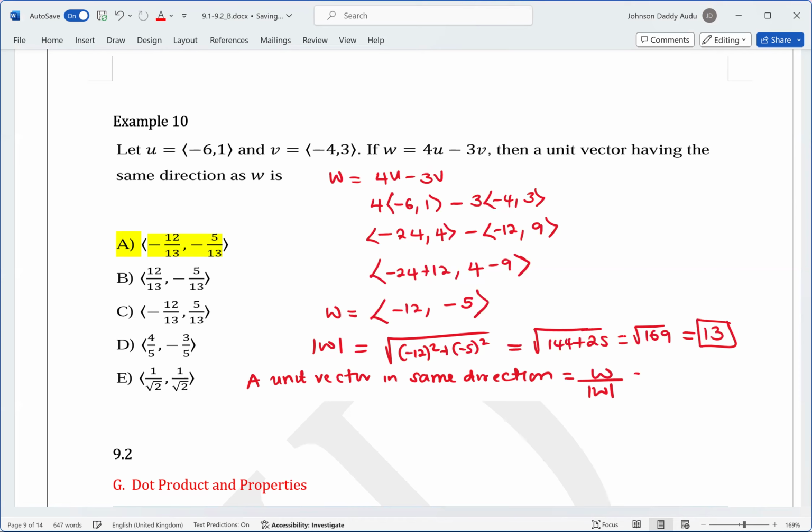And that is going to be minus 12, minus 5 everywhere divided by 13, which is nothing but minus 12 over 13, minus 5 over 13.